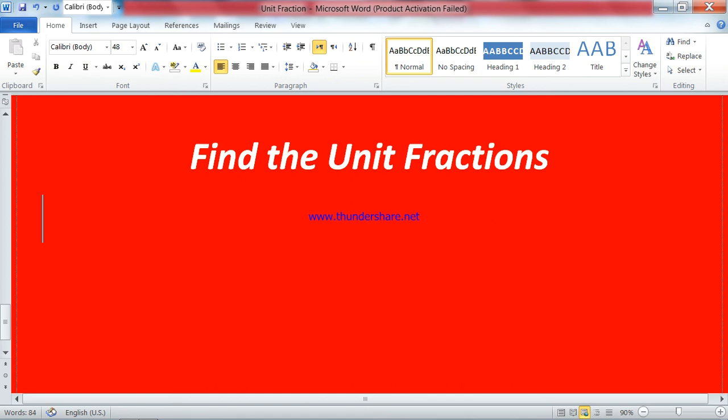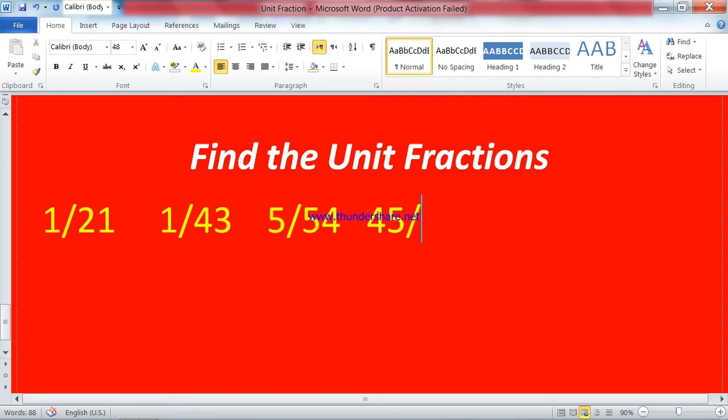So the first is 1 upon 21. The next is 1 upon 43. The next is 5 upon 54. Then the next is 45 upon 56. Then 1 upon 3455.